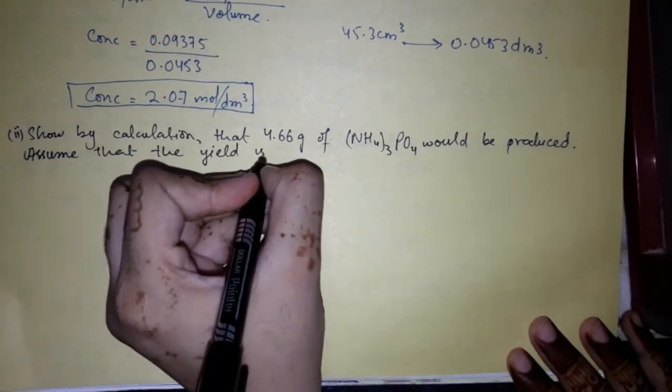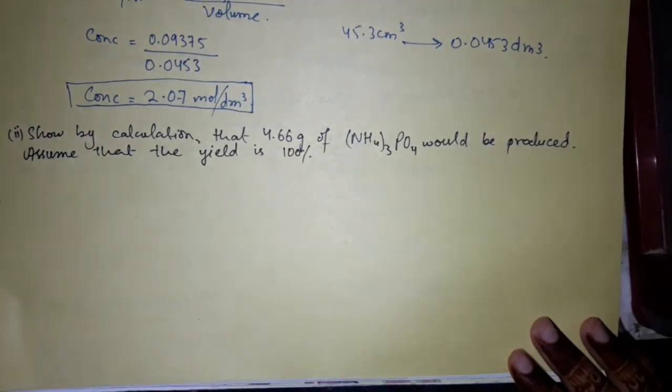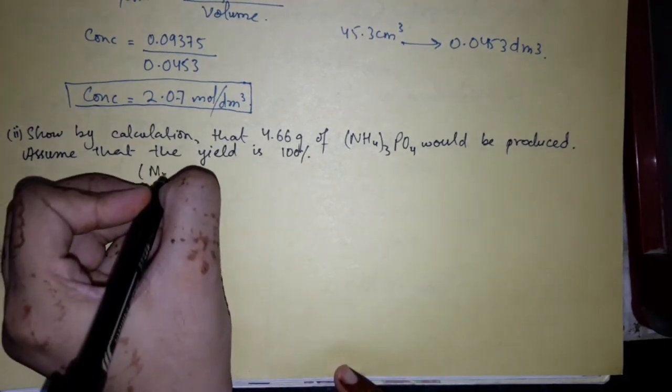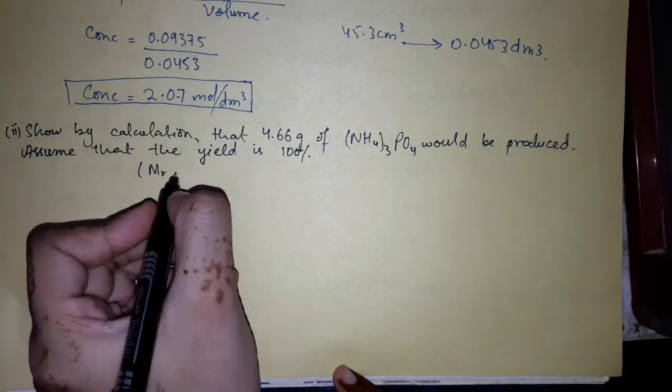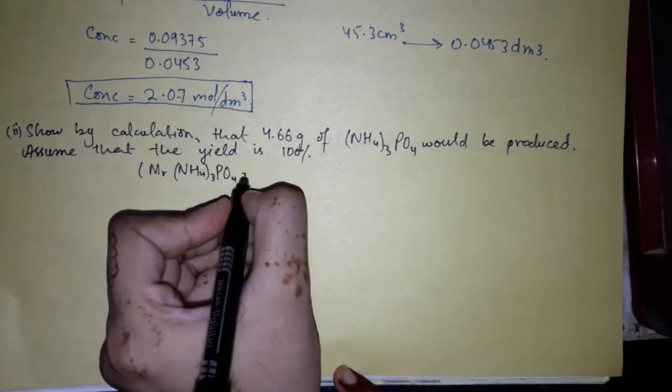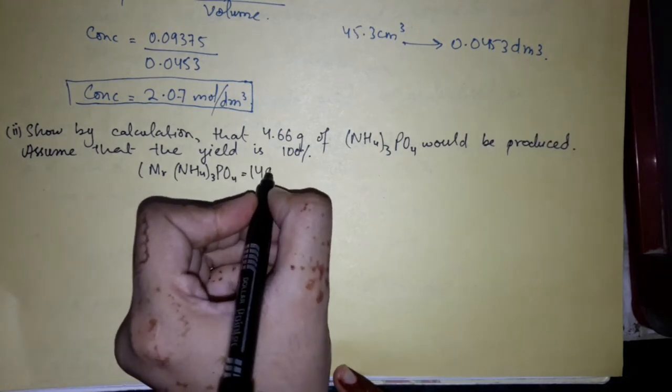We are given the molecular mass of ammonium phosphate, that is 149.